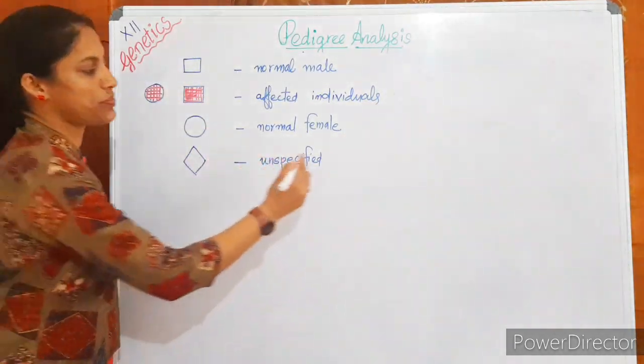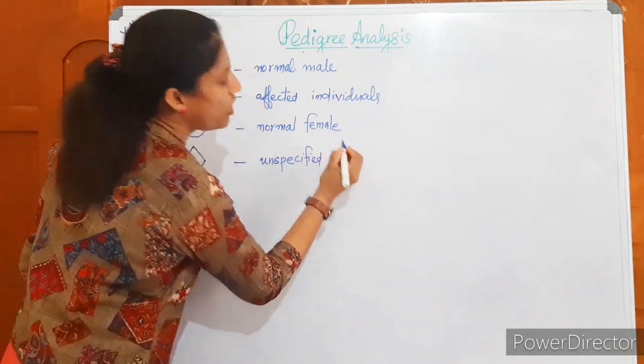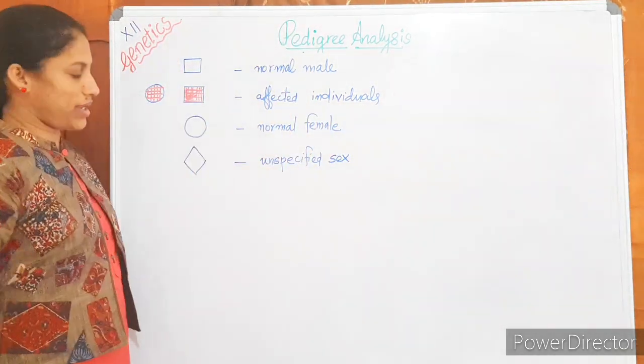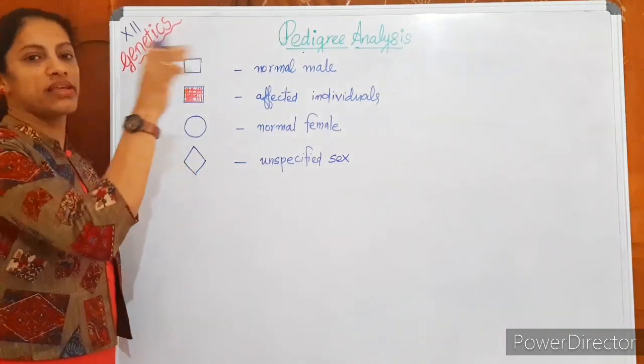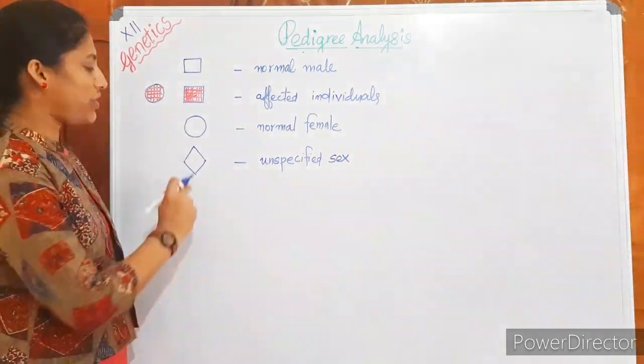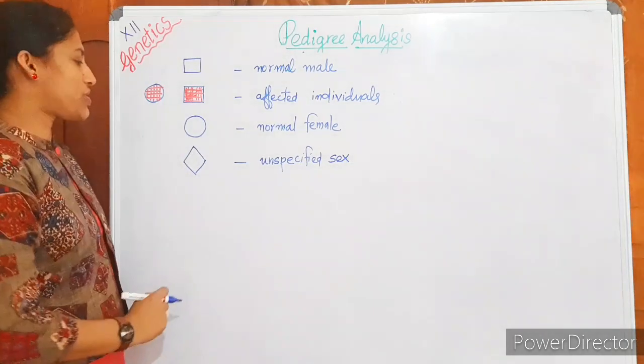The sex is unspecified, but we know there is an individual, one offspring, so we just represent it with a rhombus shape.